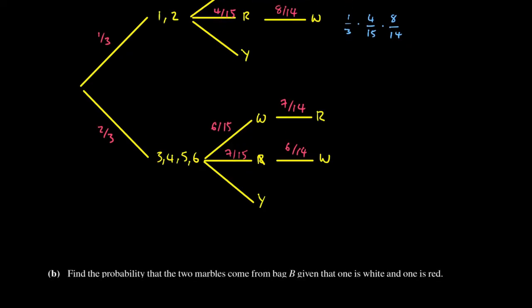Now, if I do this pathway, this guy there, then what I'll get is 2/3 times 6/15 times 7/14. And then the last pathway is 2/3 times 7/15 times 6/14.